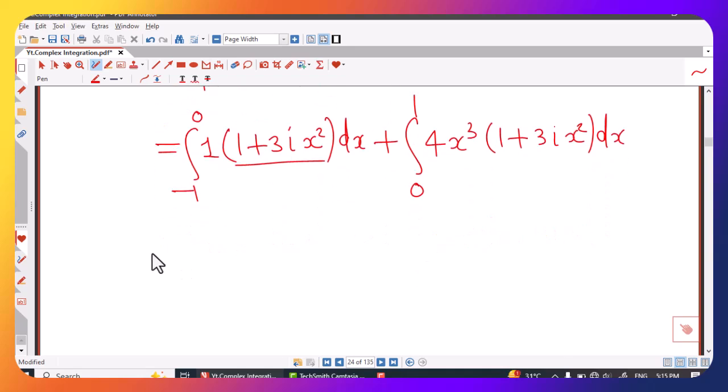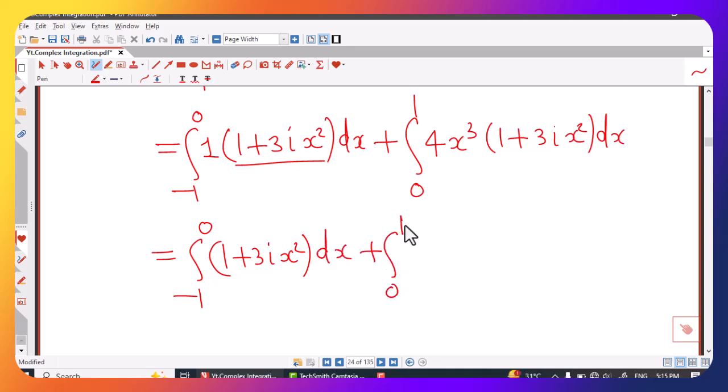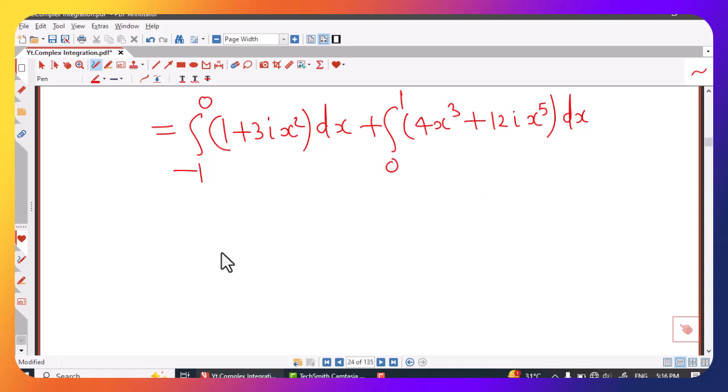Now we have to just integrate this with respect to x. We can write one more step. This is the integral from -1 to 0 of 1 plus 3i x square dx, plus the integral from 0 to 1 of 4x cube times 1 plus 3i x square, which is 4x cube plus 4 into 3, 12i x cube into x square, that is x raised to 5, with respect to x.